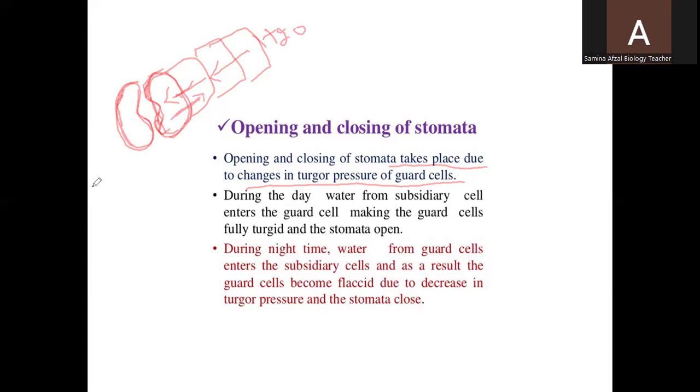So the guard cells become flaccid, and we say that stomatas are closed, because at that time the turgor pressure is decreased. So in this way, the opening and closing of stomatas takes place in the plant leaf.